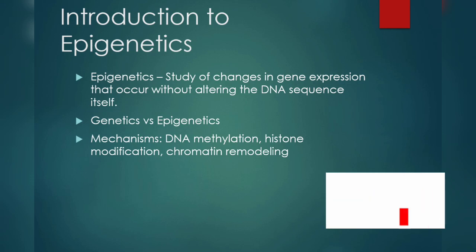Now there is a huge difference between genetics and epigenetics. Genetics is more like the hardware of a computer, and epigenetics is the software that controls how the hardware runs. So there is this huge difference.